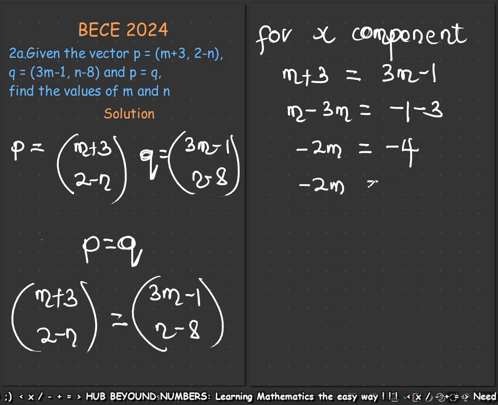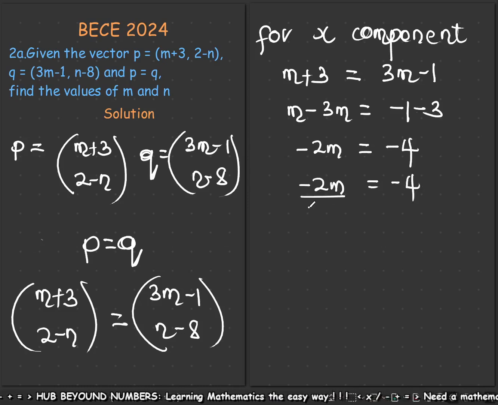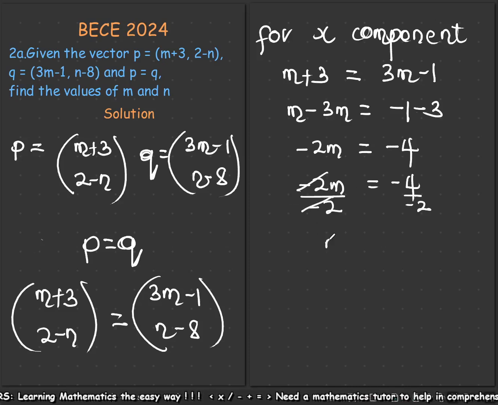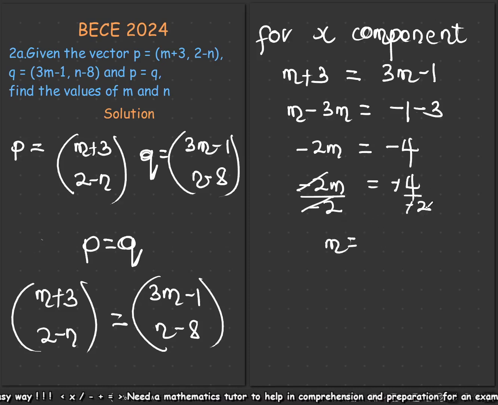So if it is m we want, we are going to divide both sides by negative 2, so that the negative 2 cancels out the negative 2 here. And then it gives us m is equal to, negative divided by negative gives us positive, so 4 divided by 2 gives us 2. And that is it for the m.